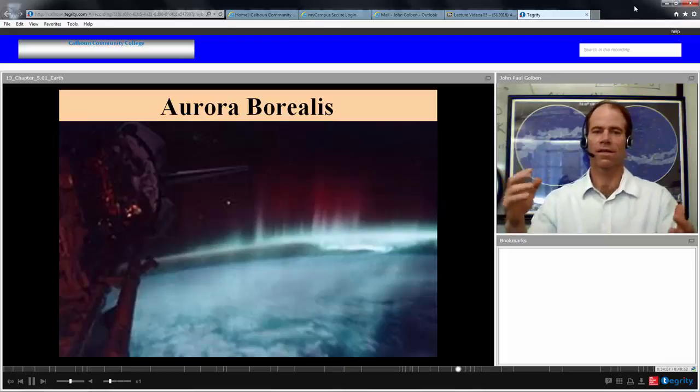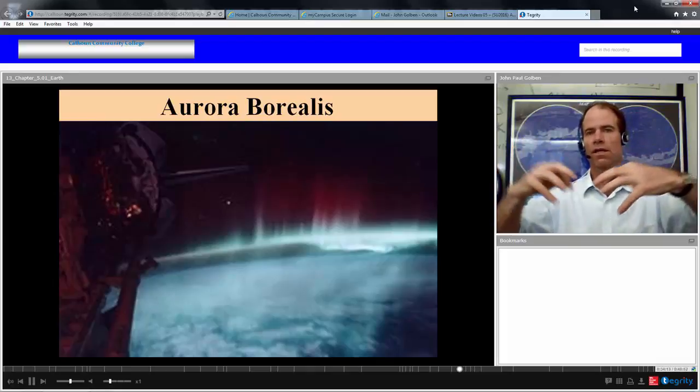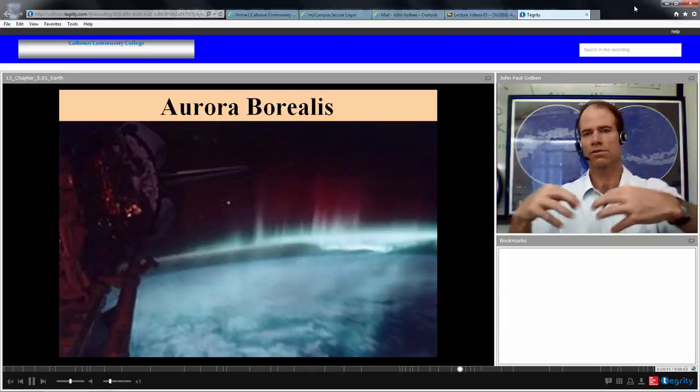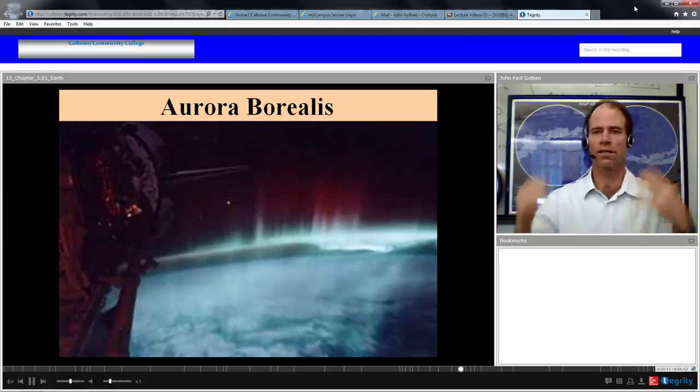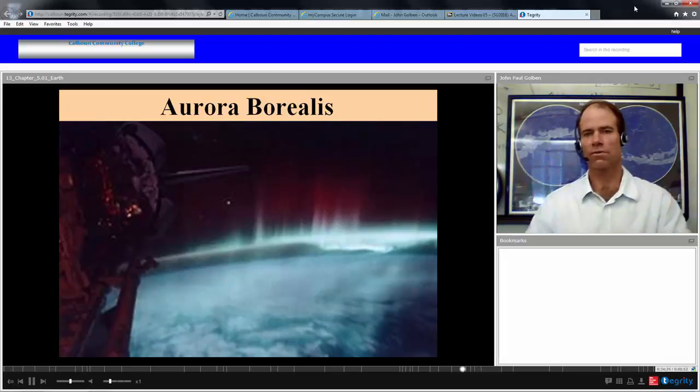And the reason you see these lights is you have these energetic charged particles that are all of a sudden forced to be close to each other. As they come close to each other, they lose some of their energy, which is manifested in light energy. And so you see these different colors of light in the visible range as the energy of these particles is lost as they're forced towards the poles.